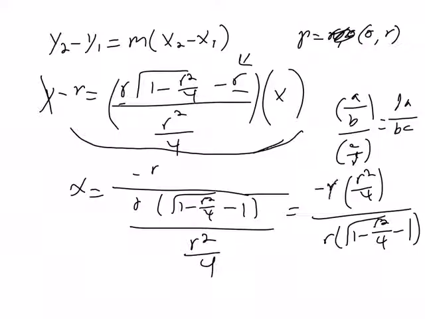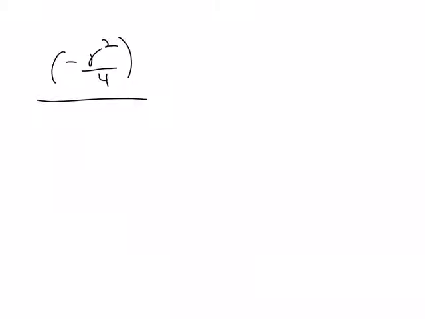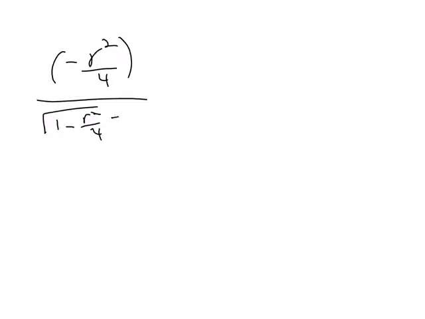So we get this, these cancel. What we get is negative r squared over 4, divided by the square root of 1 minus r squared over 4, minus 1.